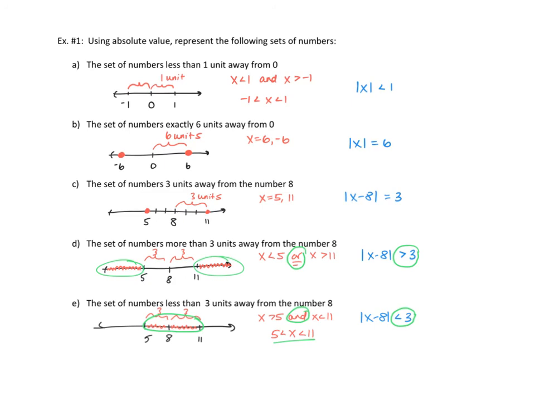So the or will go with the greater than, the and will go with the less than as we're setting up our absolute value inequalities. So or gives us 2 disjoint areas of shading with the greater than, and and gives us 1 single area of shading with the less than.